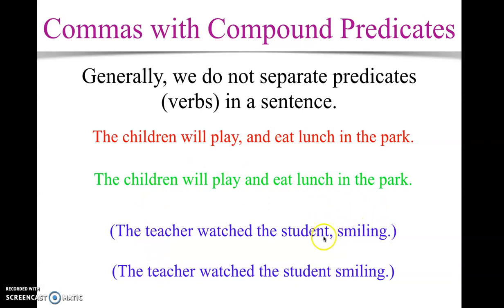So when we see this comma, this activity that comes after the comma, in this situation, this part of the predicate, goes with the subject, the teacher. If we leave it like this with no comma, then the person smiling is the student. Okay? The teacher is watching the student as the student is smiling. That's what this sentence here would mean. Okay? But in general, again, we do not separate the predicates, the two verbs, with a comma.